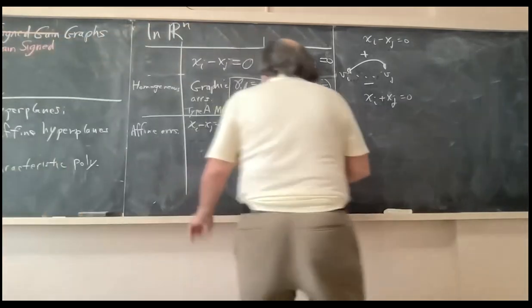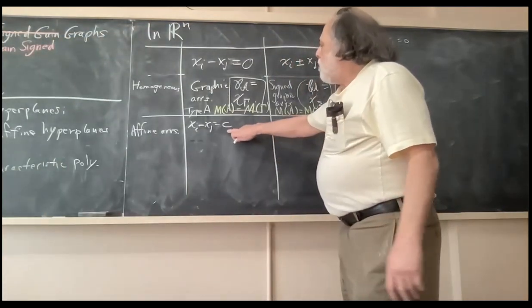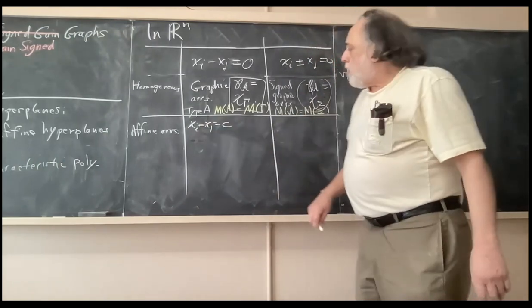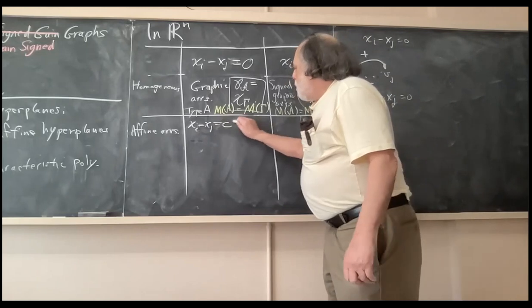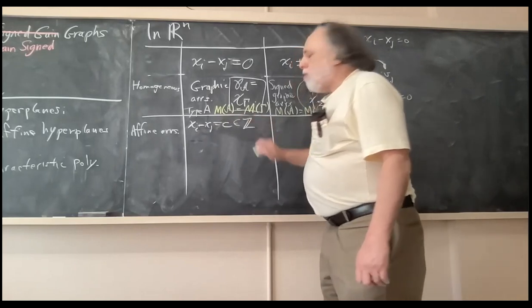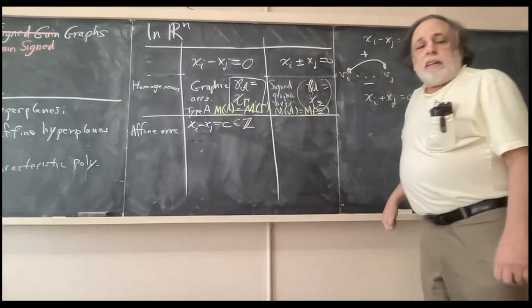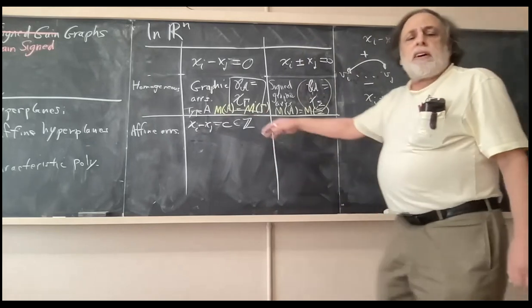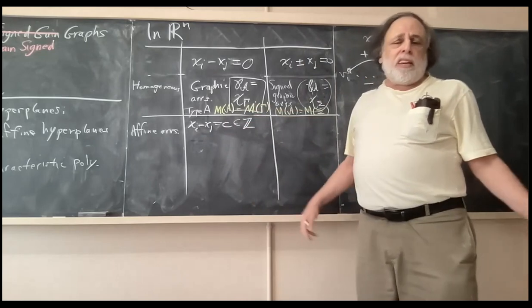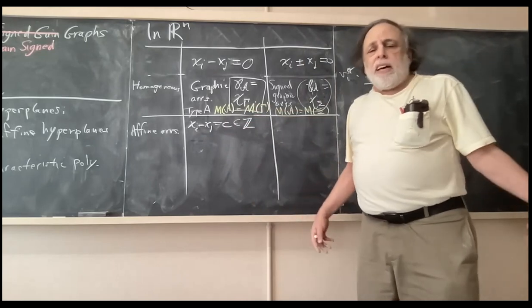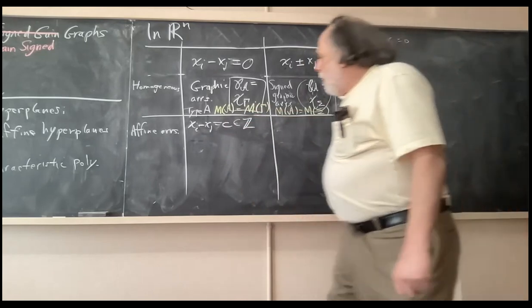The next thing is we can look at arrangements where we have x_i minus x_j equals a constant. And let's say mostly people are interested in the constant being an integer. And we have a variety of constants to make an arrangement. We might have all the numbers from 0 to k, or from minus k to k, and other variations.